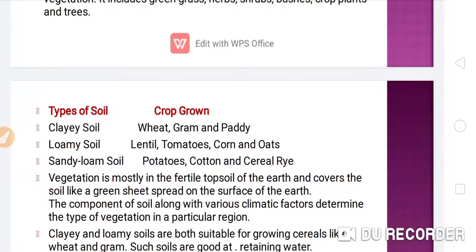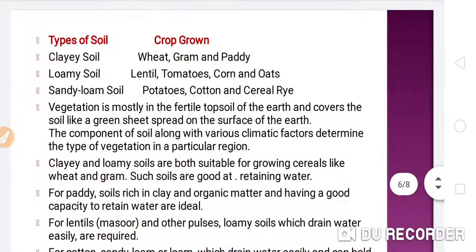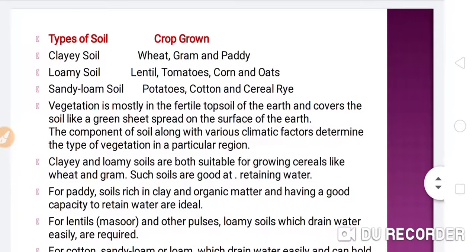Now, vegetation is mostly in the fertile topsoil of the earth and covers the soil like a green sheet spread on the surface of the earth. The components of soil, along with various climatic factors, determine the type of vegetation in a particular region.